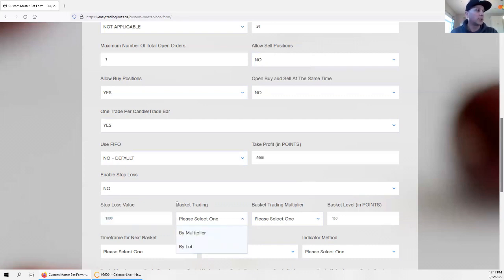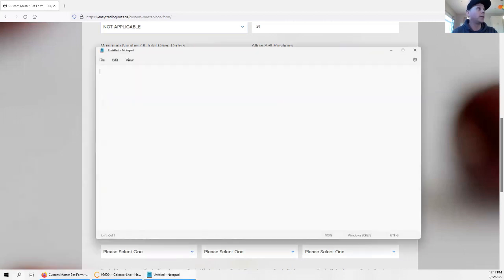In regards to basket trading, this is where the algo changes. Do you want to do by lot or by multiplier? What this means is if you choose by lot, and you start with a 0.01 lot, then it's going to open 0.02, 0.03, 0.04. Now, I'm going to just pull up a little notepad here.